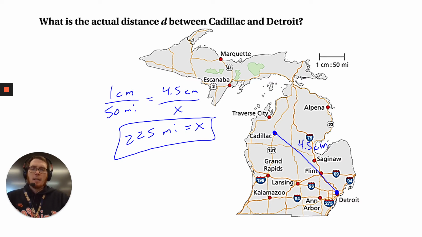This answer is going to end up being 225 miles because in real life it's 1 centimeter is 50 miles in real life. The problem is this would mean you'd have to have a helicopter or something to get from A to B. If you've ever driven from a city to another city, or you've paid attention to a map, you'll know that you have to take certain roads and you're kind of stuck with the directions that you're going. So that probably would take even a little bit longer because of the way that the roads are set up.